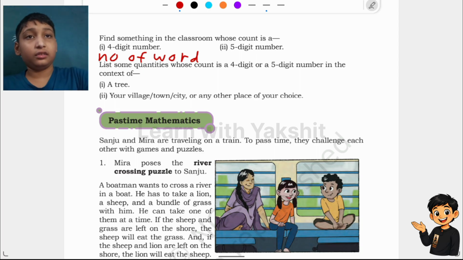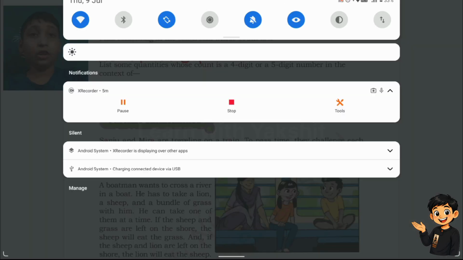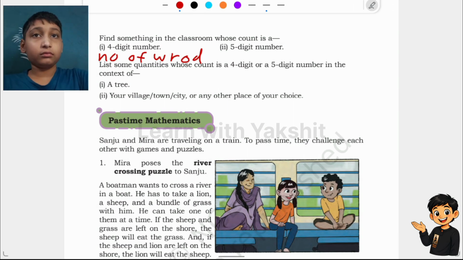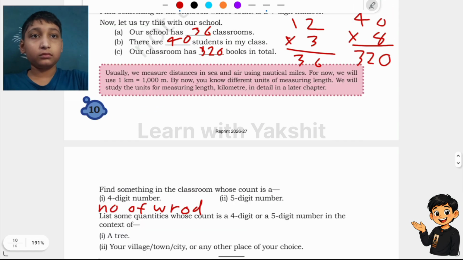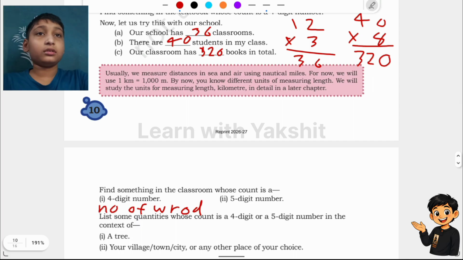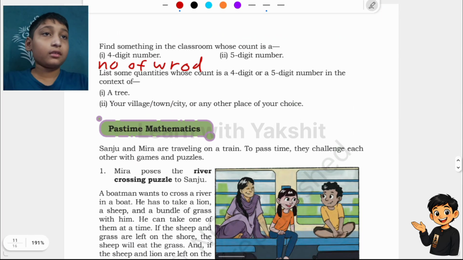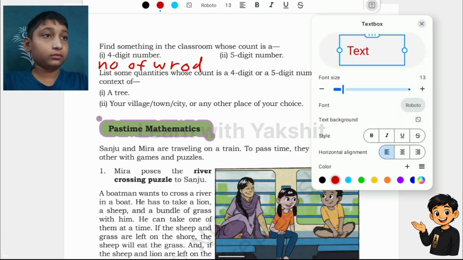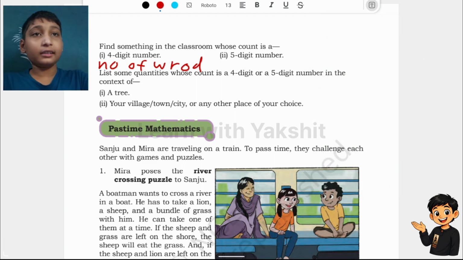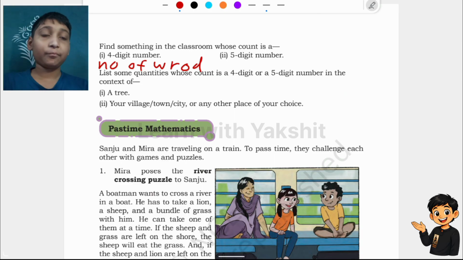No, wait. Why are all of these coming? Number of words.